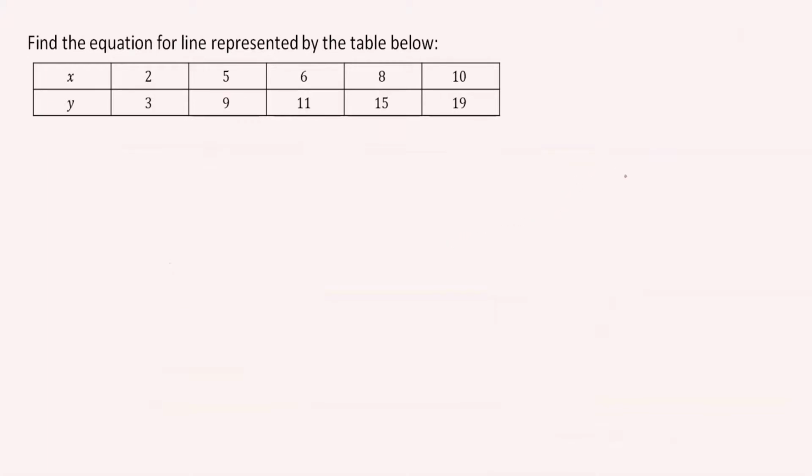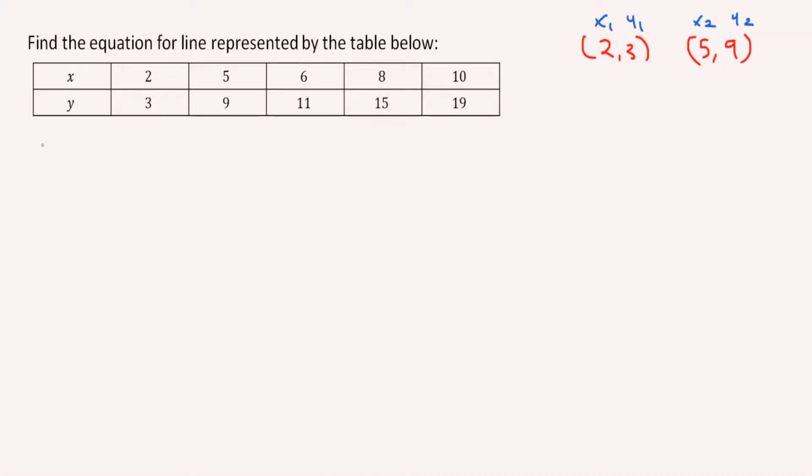Here's a final example. Find the equation for the line represented by the table below. The first thing we're going to do is pick any 2 points for our slope. I'm just going to pick the first 2 points. So I got 2, 3 and 5, 9. My habit here is x1, y1, x2, y2.